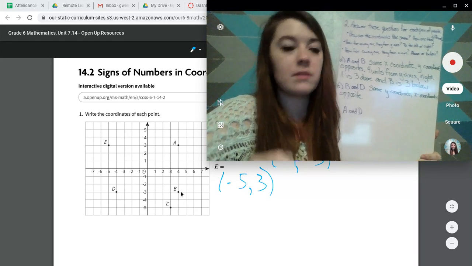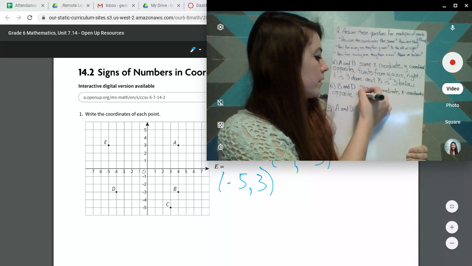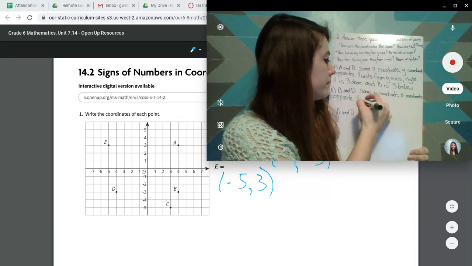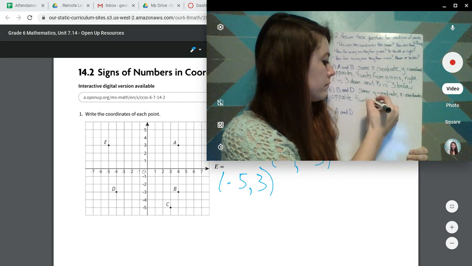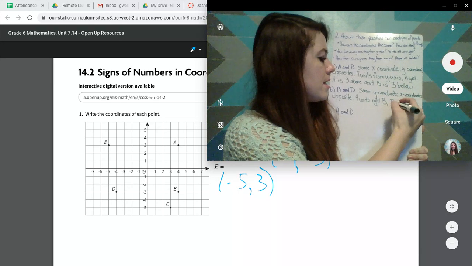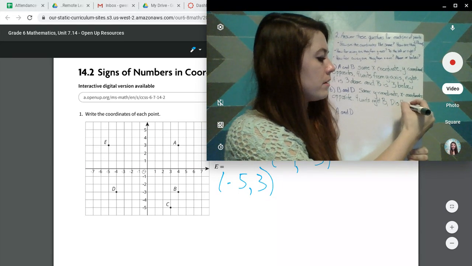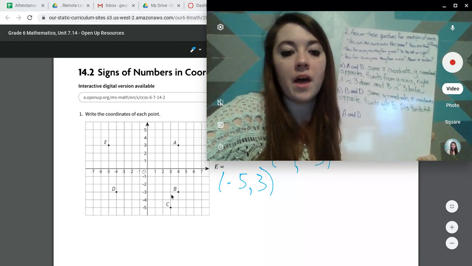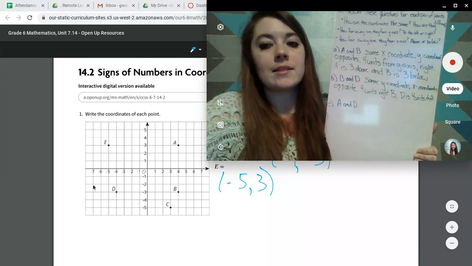So B is 4 to the left or to the right? 4 units to the right. And D is 4 units left, because it's going to the negative side. Excellent.